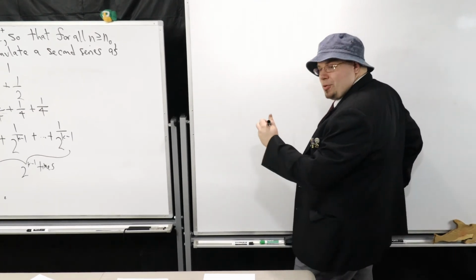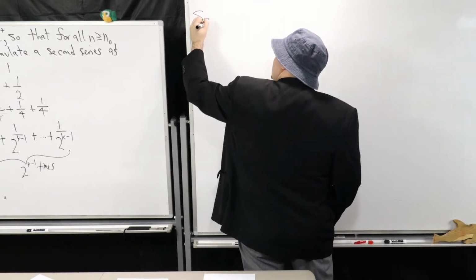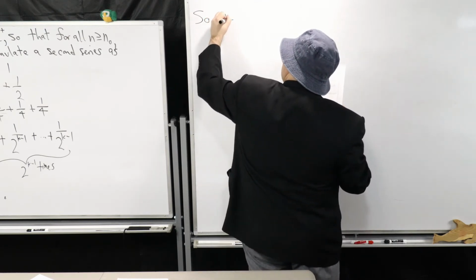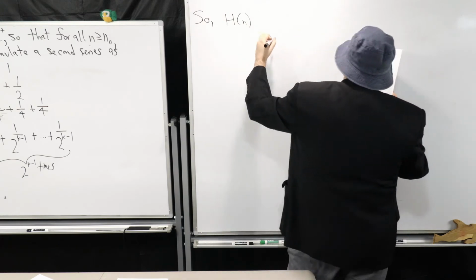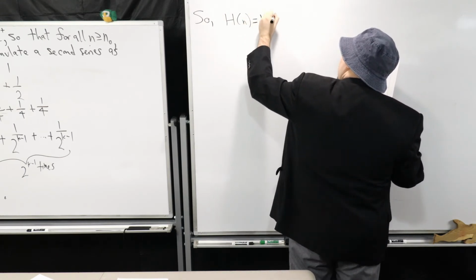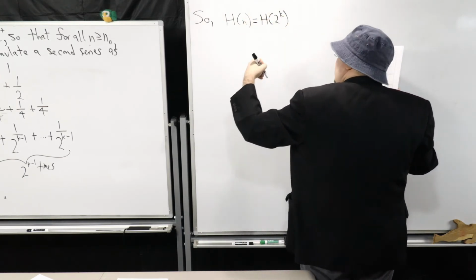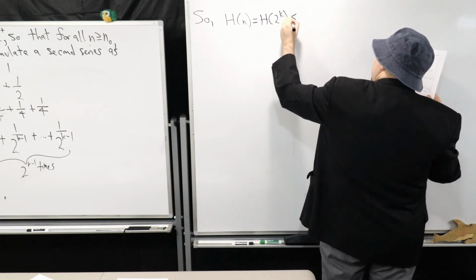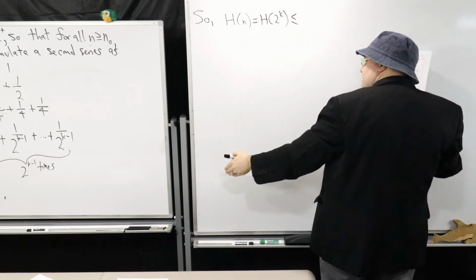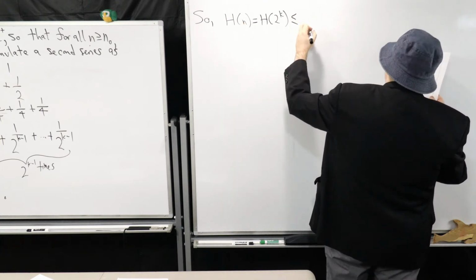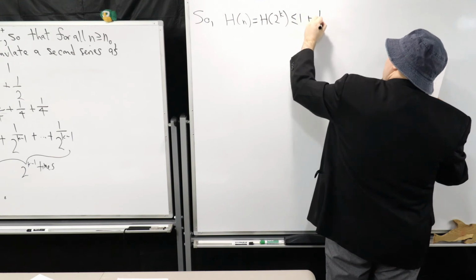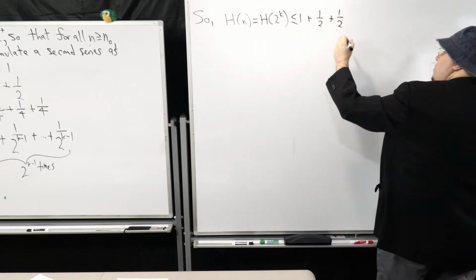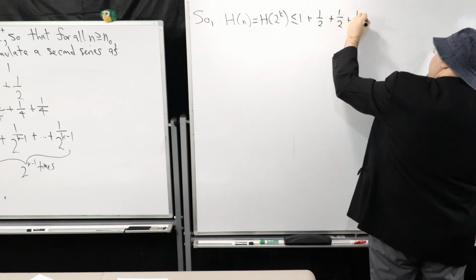So just to summarize my point. h of n is equal to h of 2 to the power k, right? That's what we established. It's a power of 2. And then we know that this is going to be less than or equal to my right-hand side. So my second series I have, which is 1 plus 1/2 plus another 1/2, right? That's the second row. The third row, I have 4 1/4s, right?